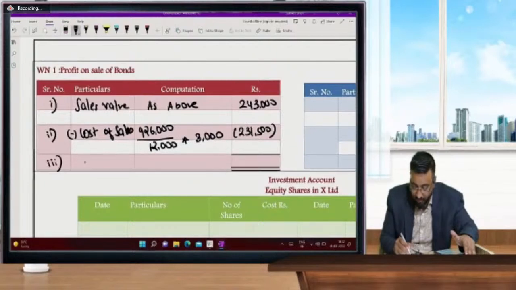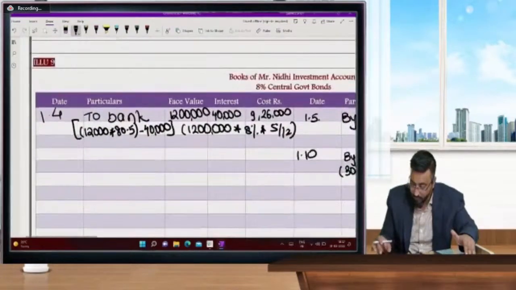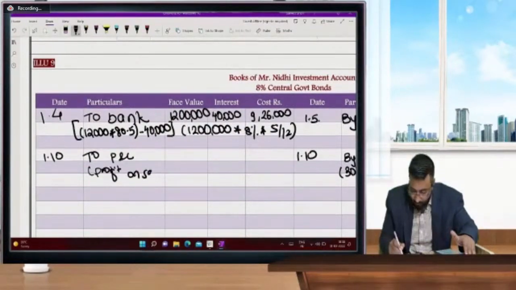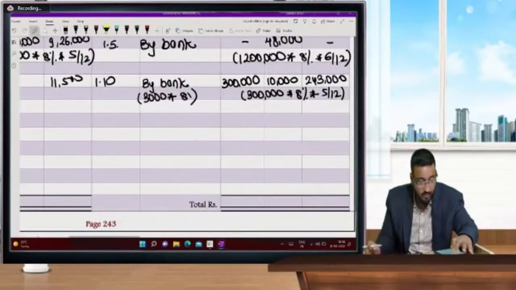So Roman 3, profit 11,500. So 2 P&L on the same line. 2 P&L profit on sale. How much? 11,500.